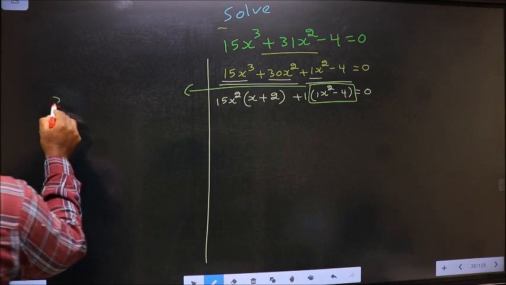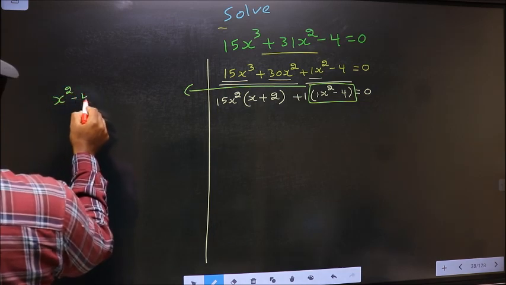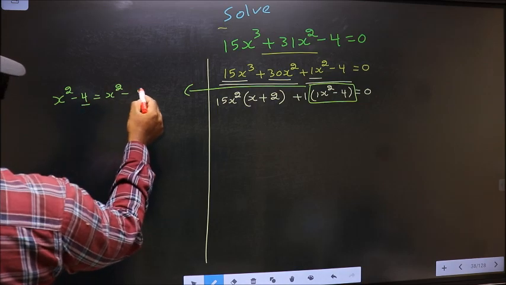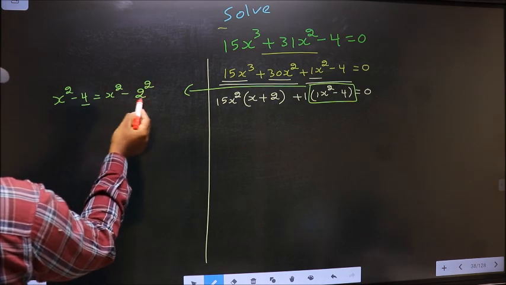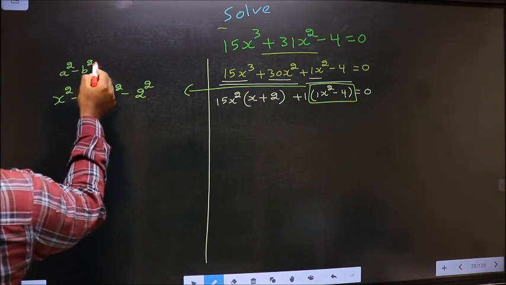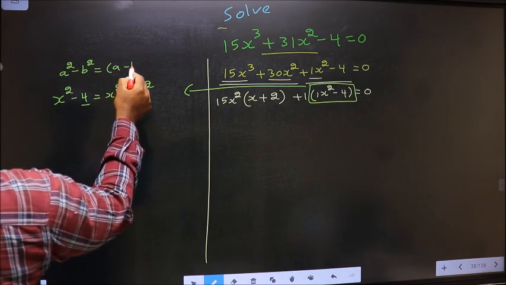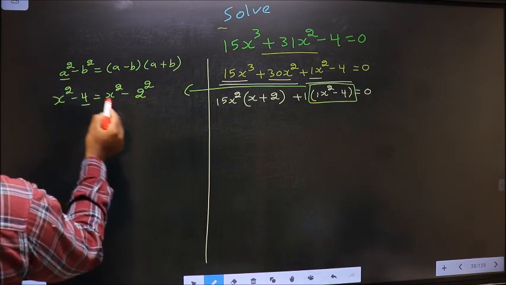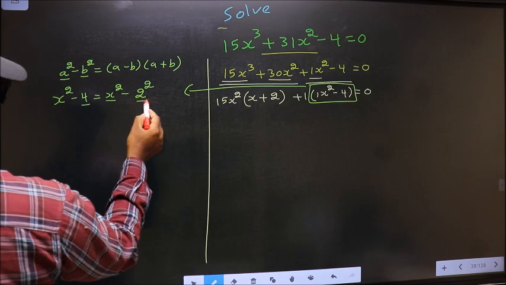Now this quadratic, I will simplify it here. That is x square minus 4 equal to x square minus, in place of 4 I write 2 square. Now on this we should apply the formula a square minus b square, that is a minus b times a plus b. In place of a we have x, in place of b 2.